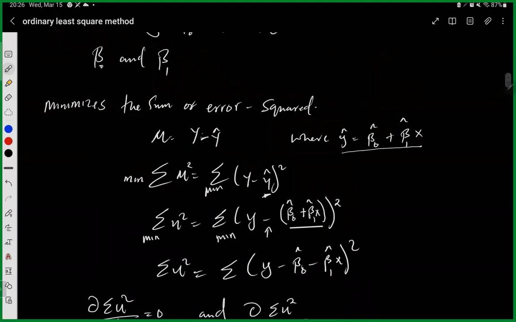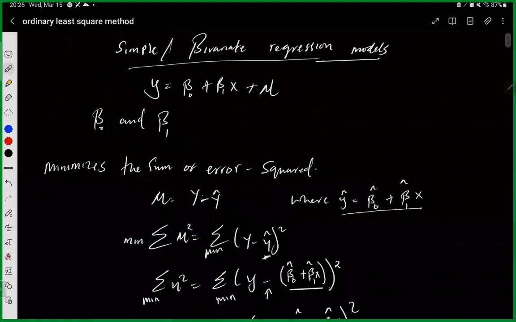The concept of the ordinary least square method is a concept that minimizes the sum of error squares, because now we would want to estimate. Let me put it this way. When we want to understand the relationship between two variables, what helps us is these beta naught and beta 1.